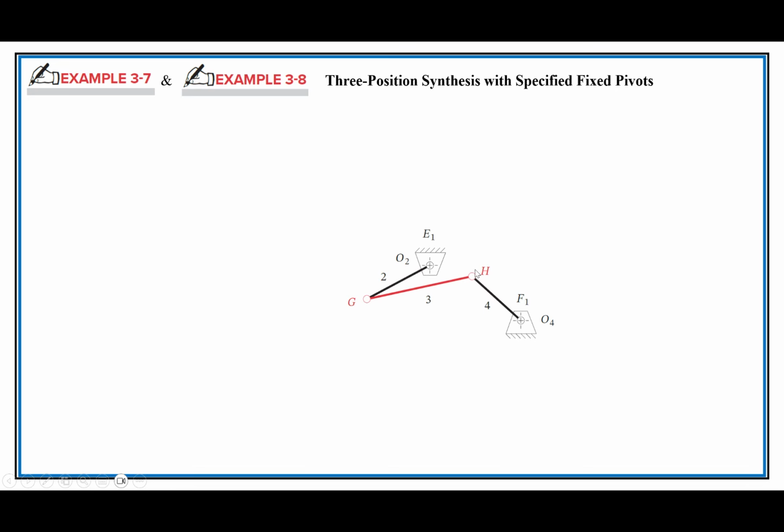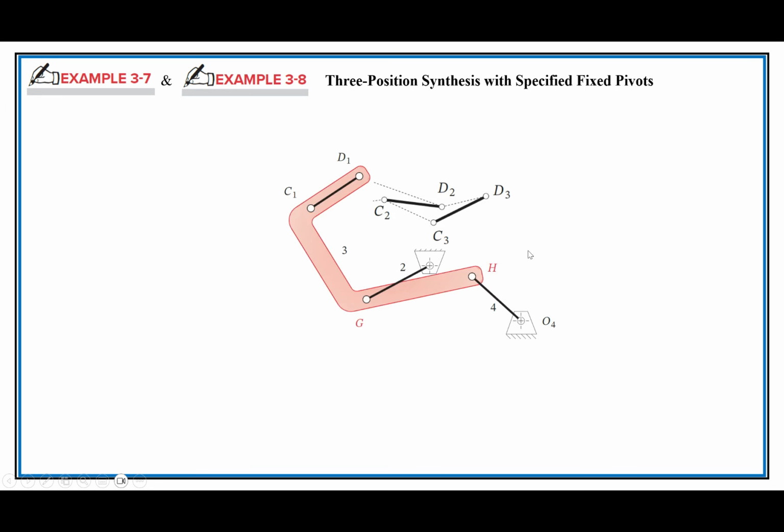But now we can make an extension onto this coupler. What's happened here is this coupler will make a motion that coincides with the original C1, D1, C2, D2, and C3, D3. Unfortunately, so here's what they show in the book. Now, I've actually moved them over from this graphic.